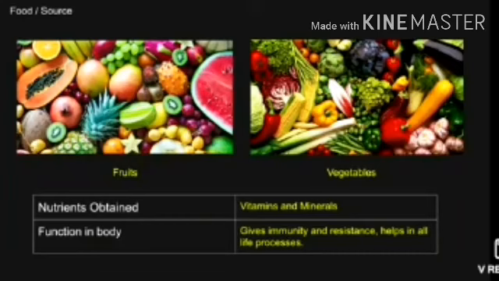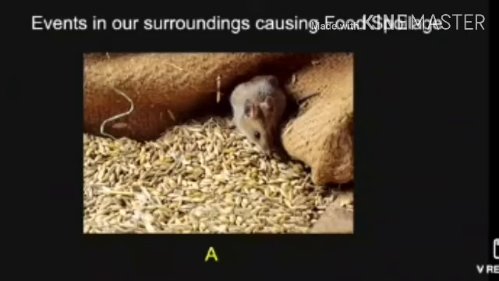However, what will happen if this food material is infested by insects? If it comes in contact with insects, then what will happen? So let's see some pictures in our surrounding. In picture A, we are observing that a mice or rat is spoiling the grains.